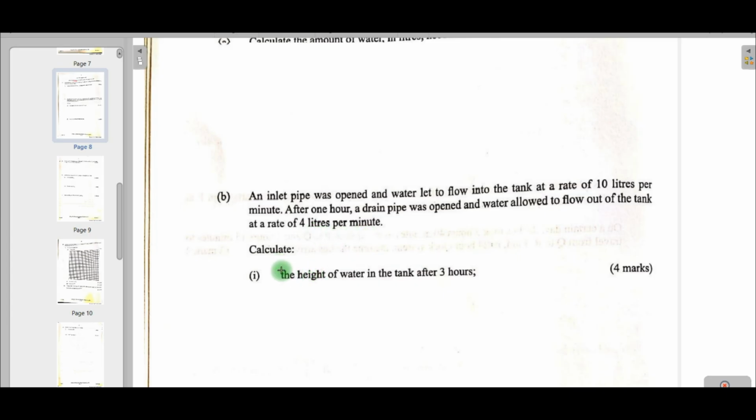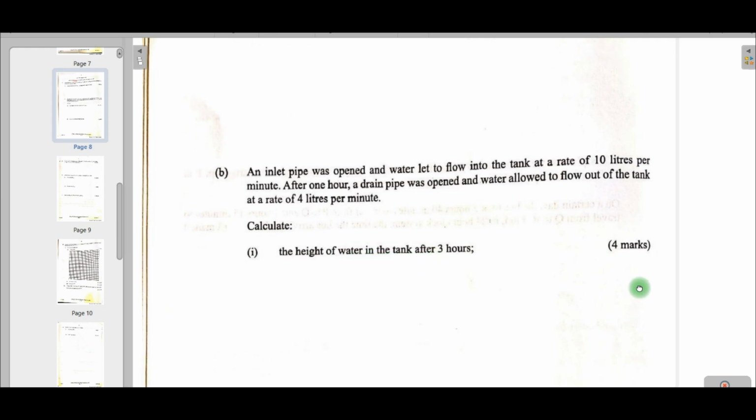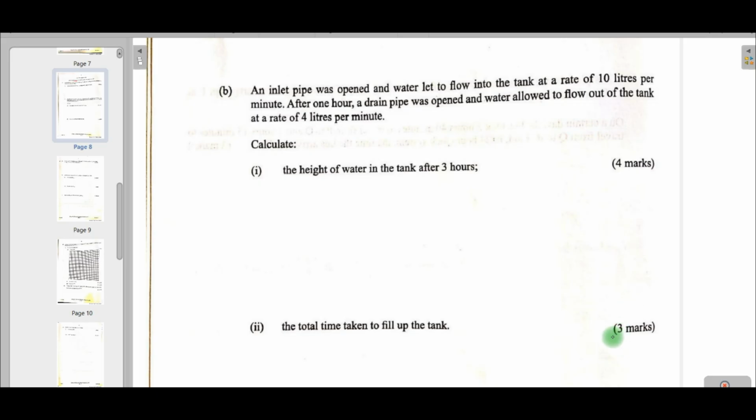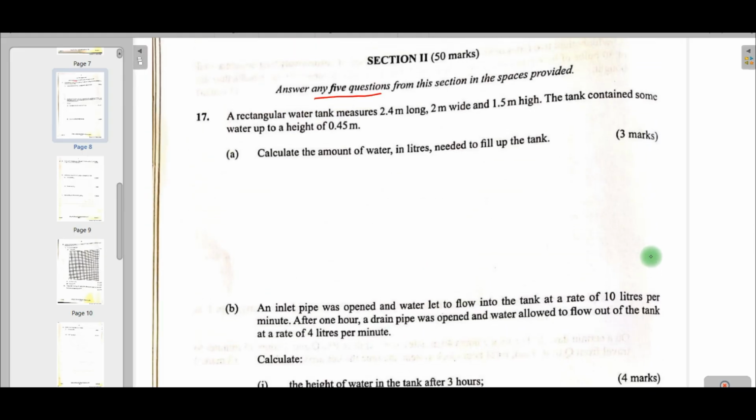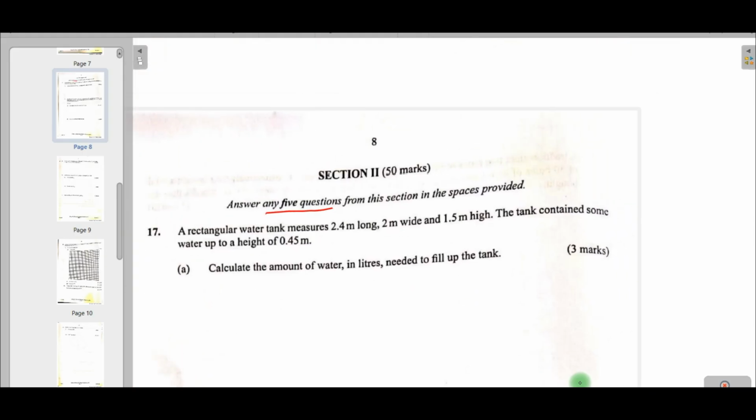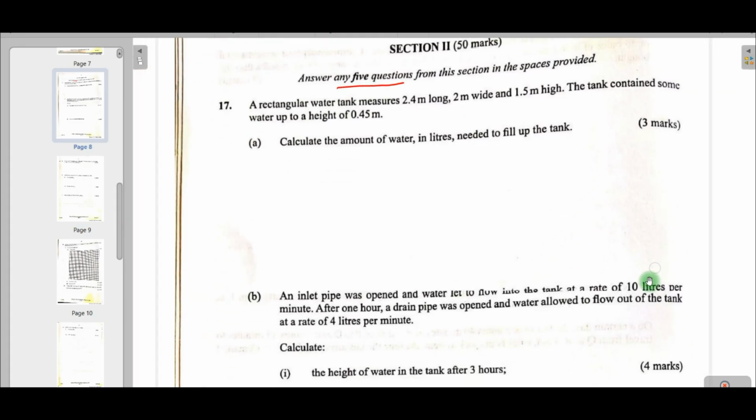So we need to calculate, Roman 1 of part B, the height of the water in the tank after 3 hours, and also Roman 2, the total time taken to fill up the tank. So that's question 17. So we are going to answer it one by one.